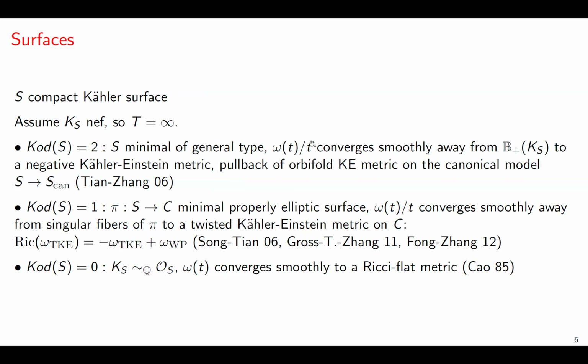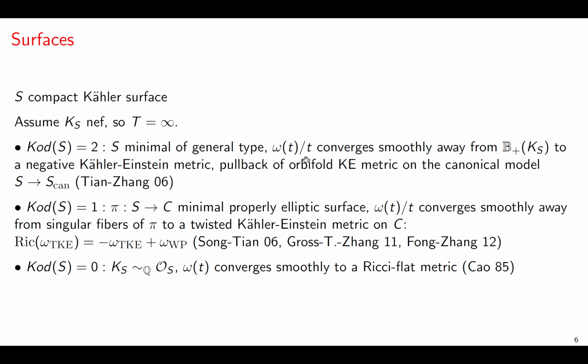And if you rescale by t, this converges again smoothly away from the augmented base locus of the canonical bundle, which is some configuration of -2 curves, where the canonical bundle intersects trivially with them. And the limit is, again, a negative Kähler-Einstein metric with potential singularities.